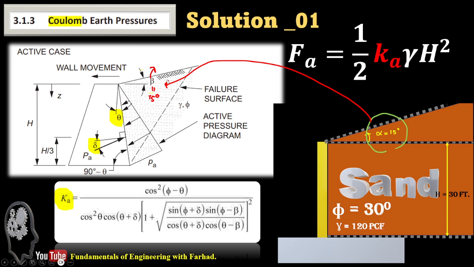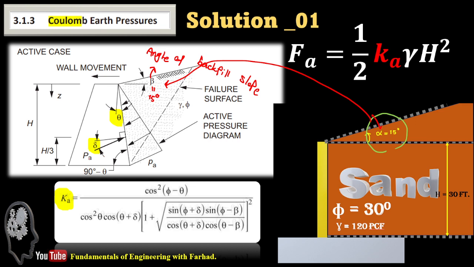This beta is the angle of backfill slope, like what we have here, like alpha.